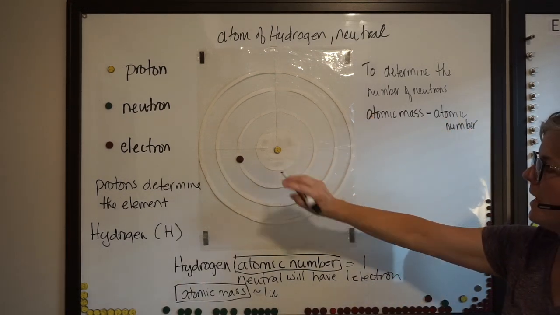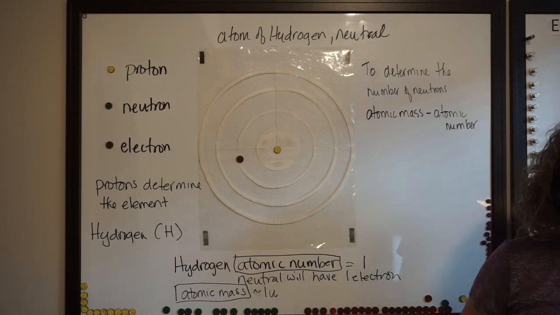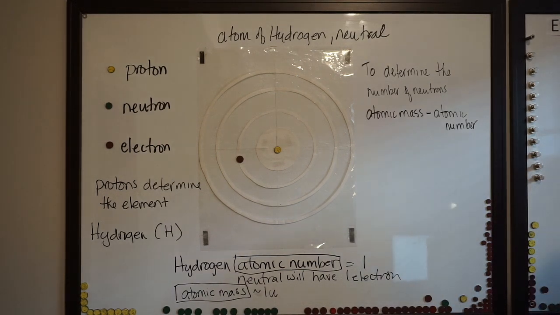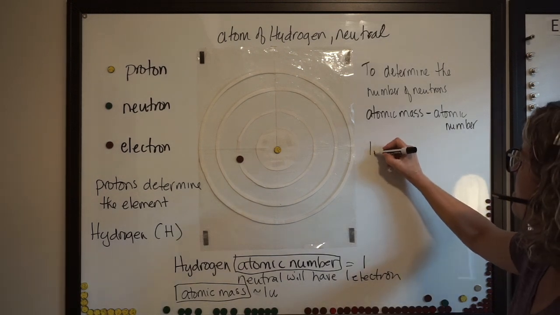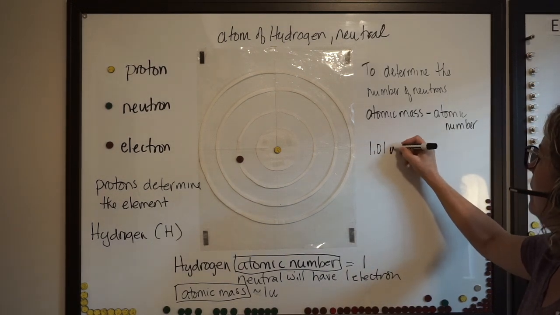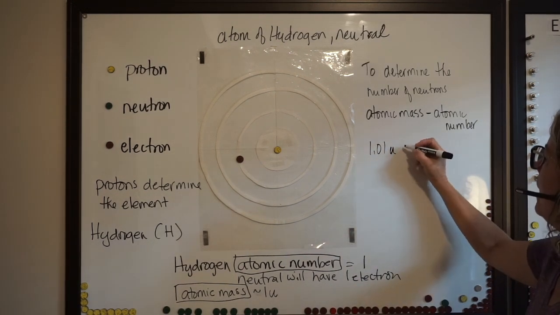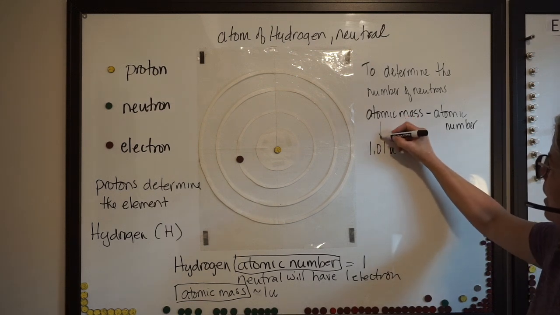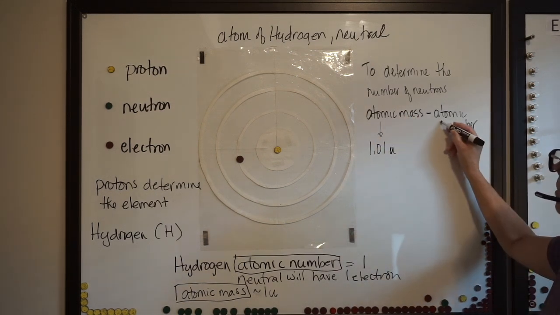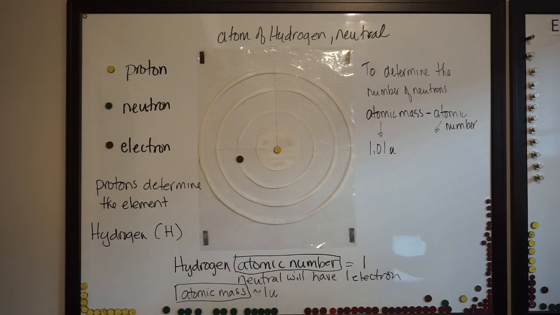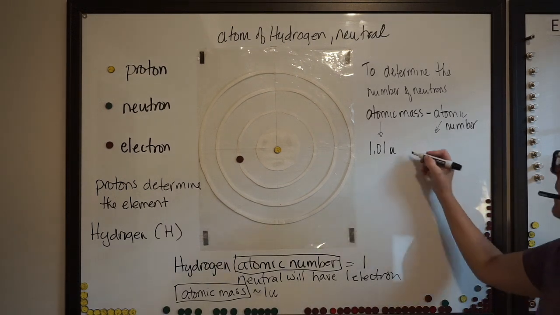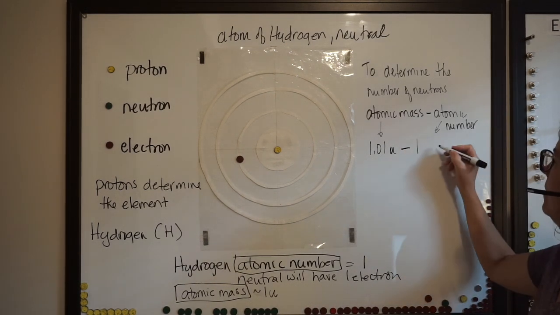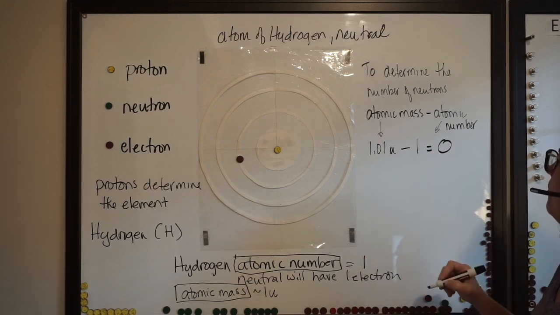So let's do the example of hydrogen. If I look at my periodic table, I see it's got a mass of 1.01 atomic mass units. The atomic number, if I look on my periodic table, is 1. So this equals 0.